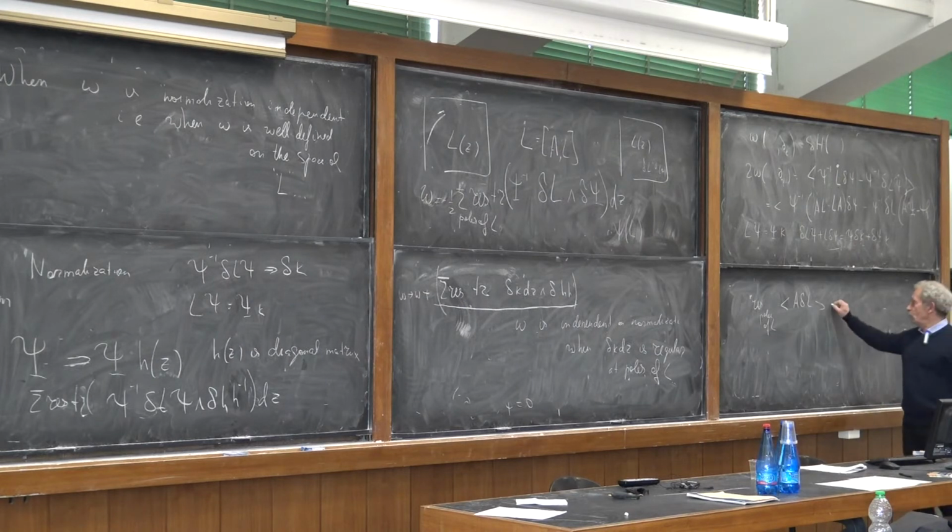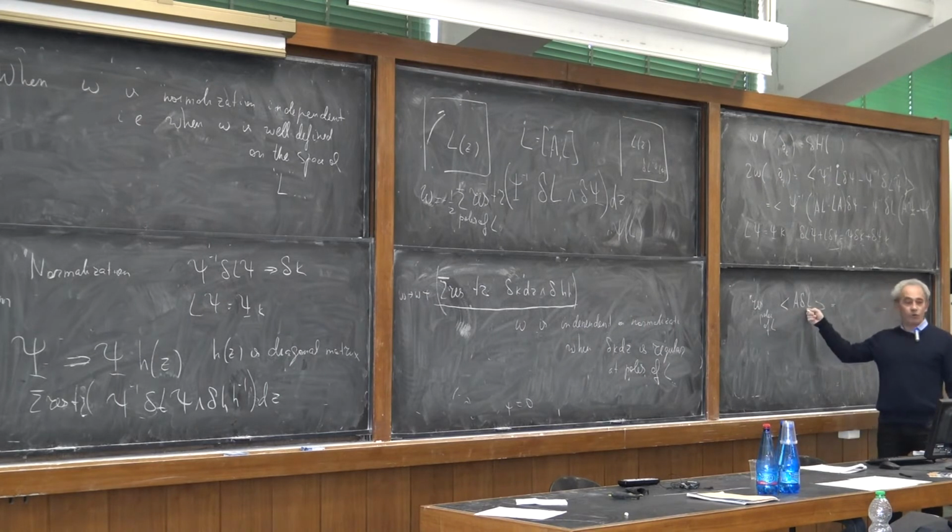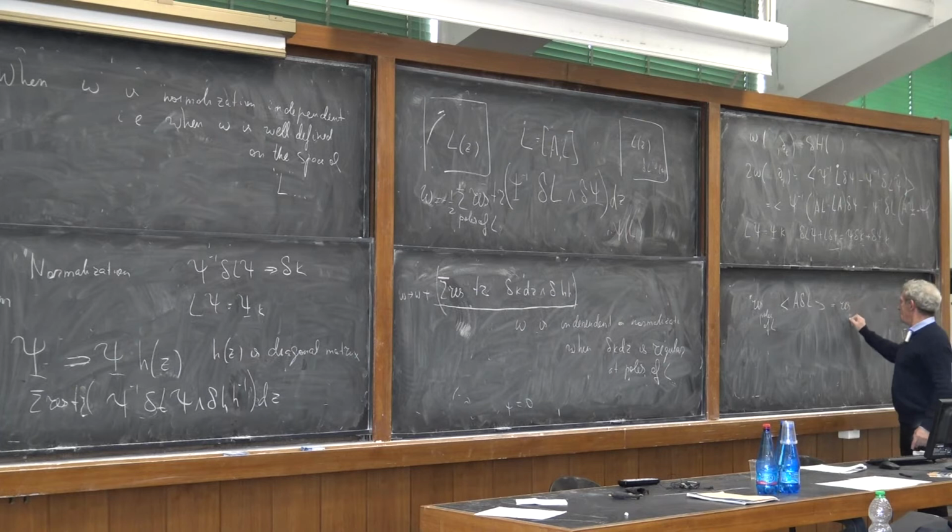So we're taking the sum over residues of poles of L. There is only one extra residue, which is the pole of A. So it is equal to the residue at z equals mu of the expression V(z minus mu) delta L of mu.